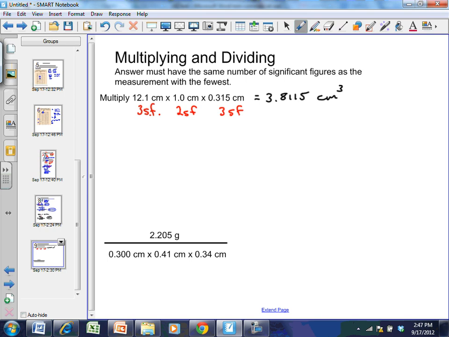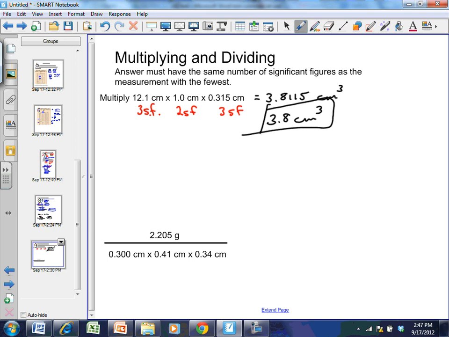But I can't report it that way because it's nonsensical to think for a second that our measurement is that good. That answer is more certain than any of our measurements. It's impossible to get a more certain answer after you've manipulated less certain numbers. The 1.0 has 2 significant figures, so we have to round this to 2 significant figures, which is 3.8 cm cubed.